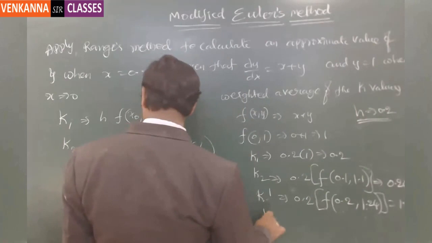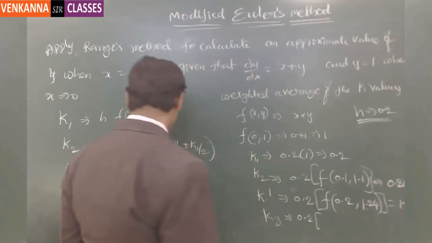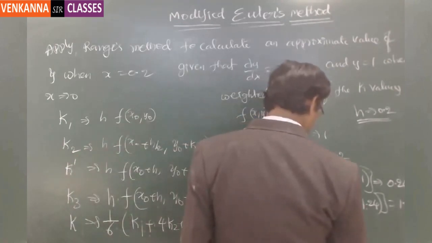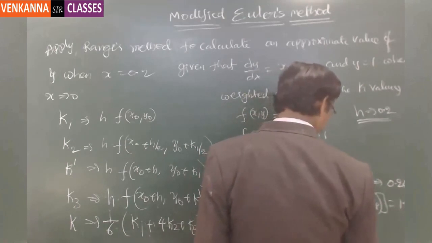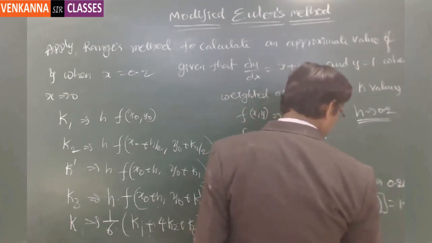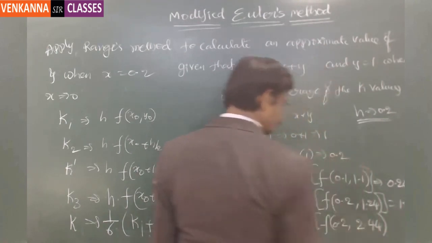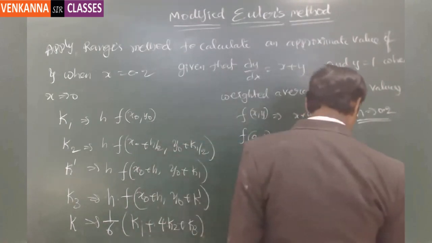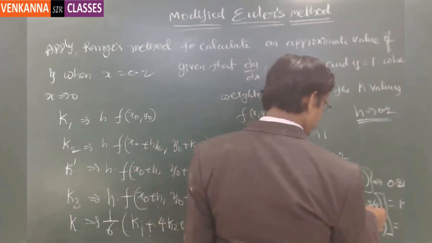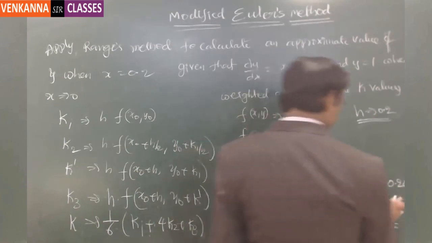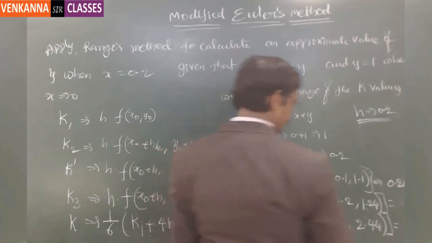Similarly, k3 equals h times f of x naught plus h, which is f of 0.2 comma y naught plus k dash. So y naught is 1 plus k dash, which gives 1.288. So 1.44 multiplied by 0.2 is 0.288.